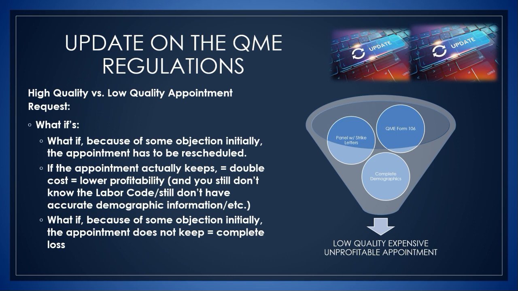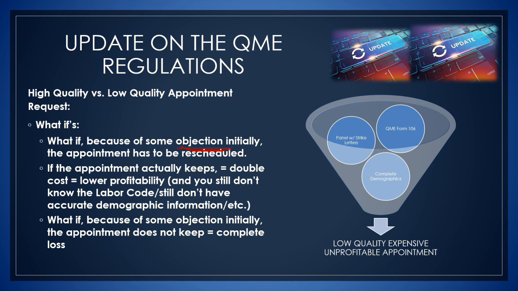So let's consider one circumstance where the objecting party says something like, well, we didn't know that a panel was even issued in the first place on this case. We object to the evaluation moving forward. There's an objection. Or the party says, we object to the specialty of the physician selected by the other party. It's an inappropriate specialty. We have an objection.